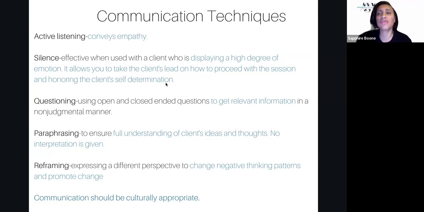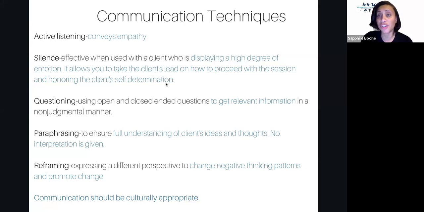I was talking about using silence with another group, and we talked about how sometimes we like to use social worky things, but we should only use them for a purpose. And that's really what I'm here to help you with. Silence should be used when there's a high degree of emotion.